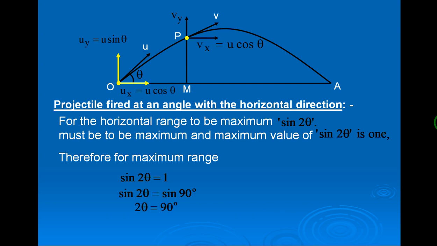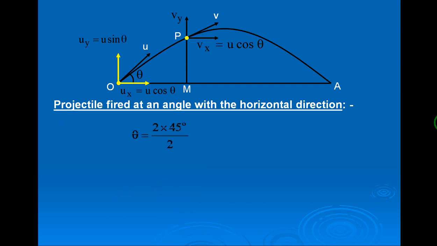Therefore, 2 theta is equal to 90 degree, or theta is equal to 90 degree upon 2. So we can write theta is equal to 2 into 45 upon 2. 2 and 2 cancel each other. Therefore, we get theta is equal to 45 degree.